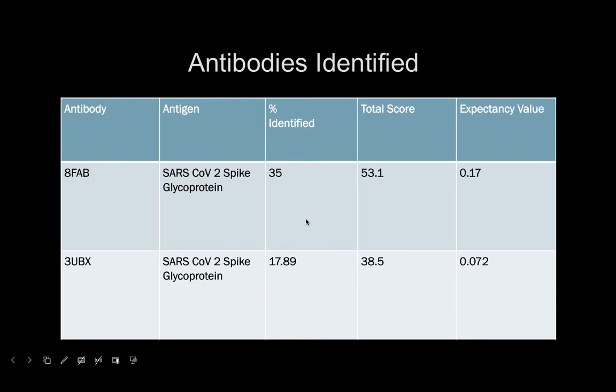Once we had these 2 antibodies, 8FAB and 3UBX, 8FAB is a human antibody and 3UBX is a mouse antibody, that wasn't enough. Just because we think that this antibody can probably recognize this antigen, that's not enough to necessarily say that it will bind or how well it will bind, or ultimately that's not enough to measure its therapeutic effectiveness.